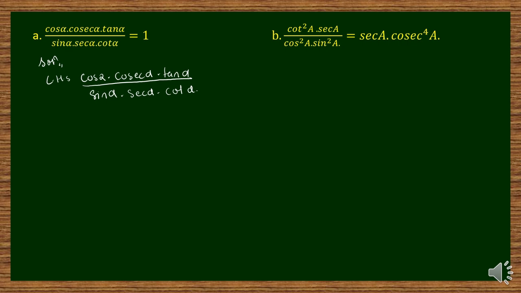So we can write here, we can change in the form of cos alpha is equal to 1 by sec alpha. We can change the denominator, or we can change only the numerator.